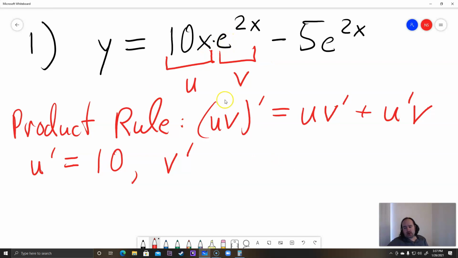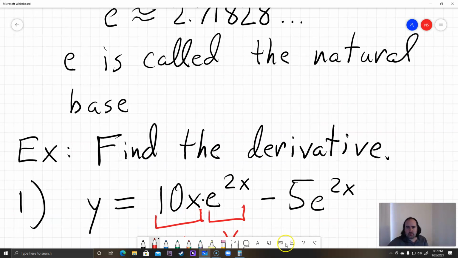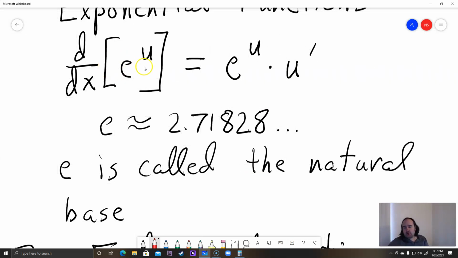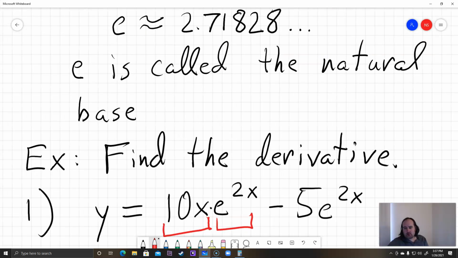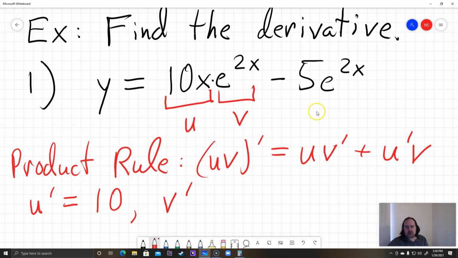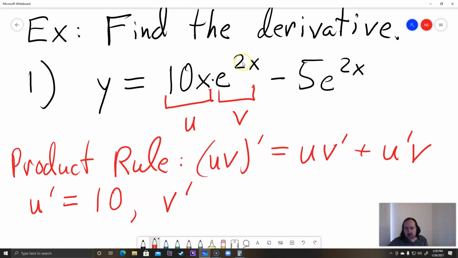Remember, the derivative of e to the whatever is e to the whatever. Up here we were calling it u: e to the u, the derivative of that is e to the u times the derivative of u. So this is just going to be e to the 2x times the derivative of 2x. So we're going to have e to the 2x times 2, because the derivative of 2x is 2.